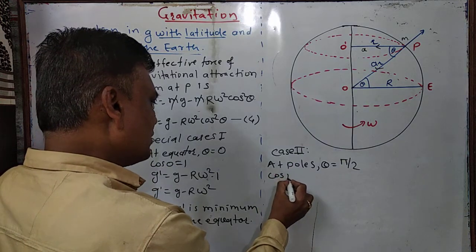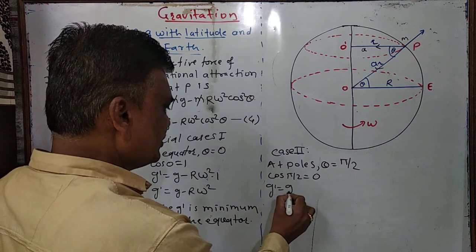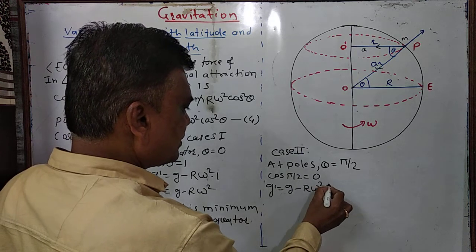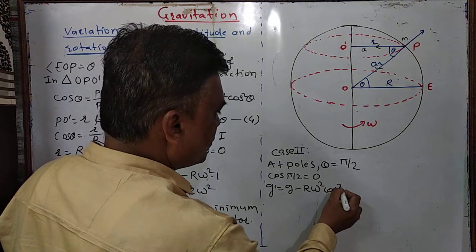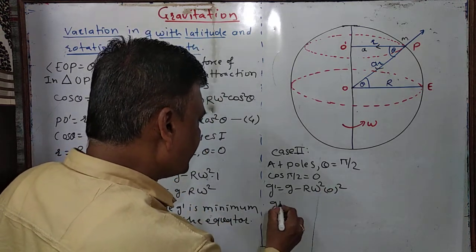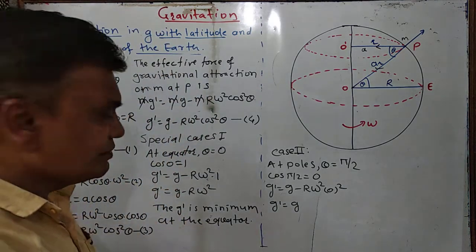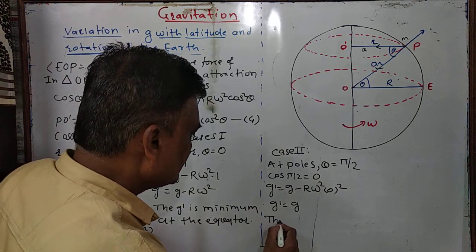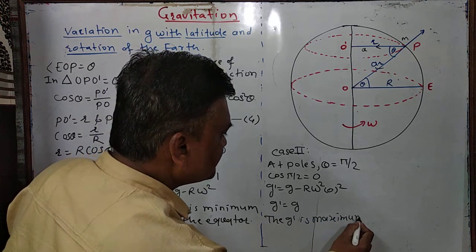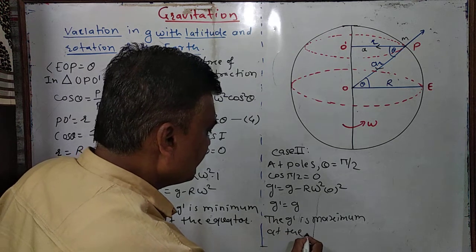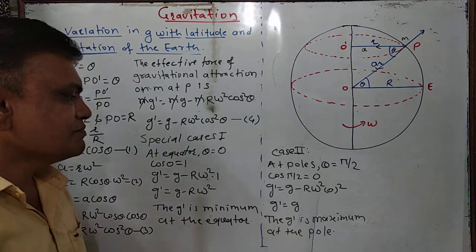Therefore cos pi by 2 equals 0. So g dash equals g minus R omega square times cos, which is 0, so this term is 0 and g dash equals g. So g dash is maximum at the poles.